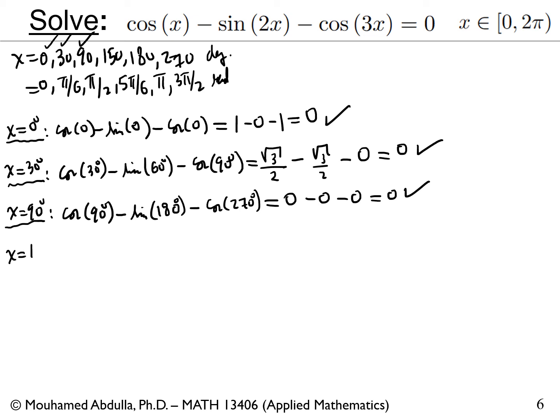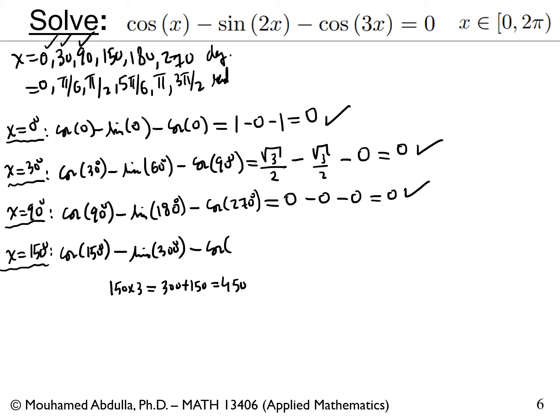So when x is equal to 150 degrees, what do we get? This is cosine of 150 degrees minus sine of 2 times 150, so that's 300 degrees, minus cosine of 150 times 3. 2 times 150 is 300, plus 150, so this is 450 degrees. 450 degrees is the same thing as 450 minus 360, because there's more than one revolution here.